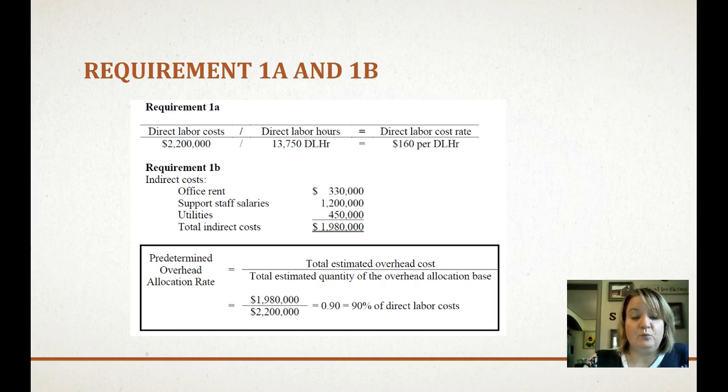So that is $1,980,000 divided by the direct labor cost of $2.2 million, and that equals 90% of the direct labor costs. So that is how you figure requirements 1A and 1B.